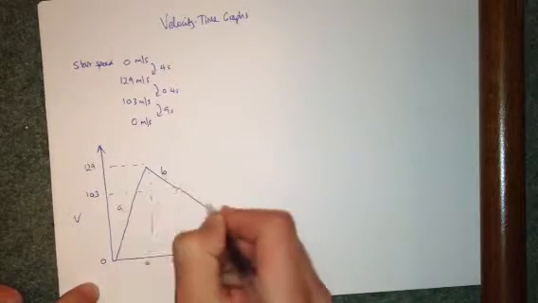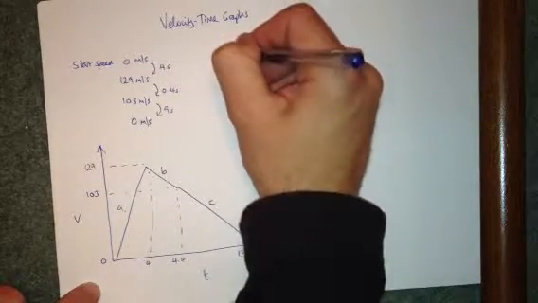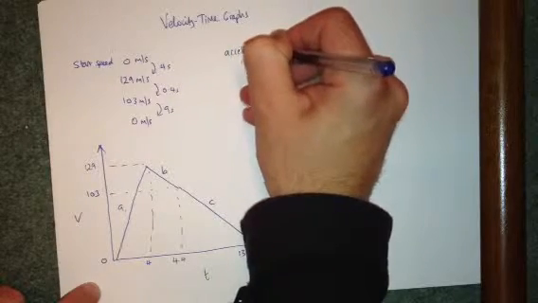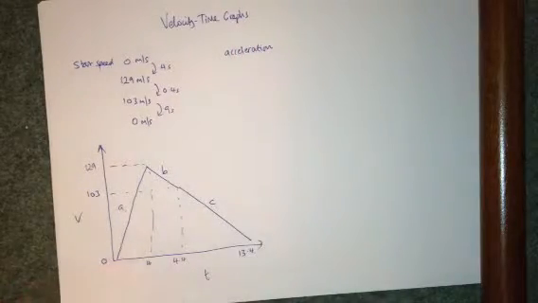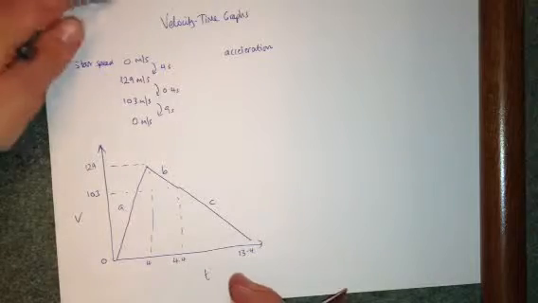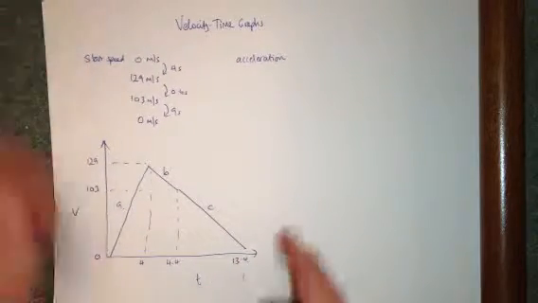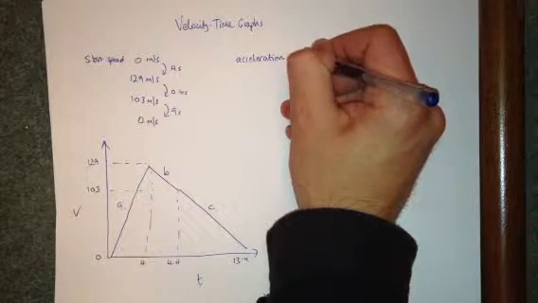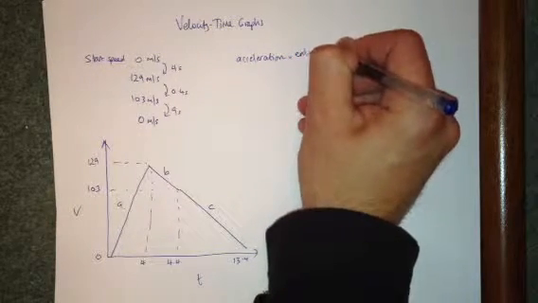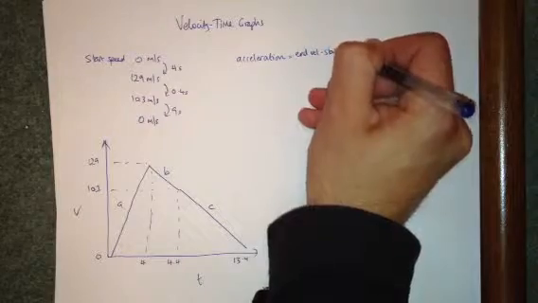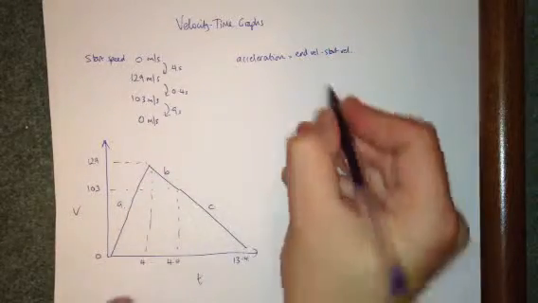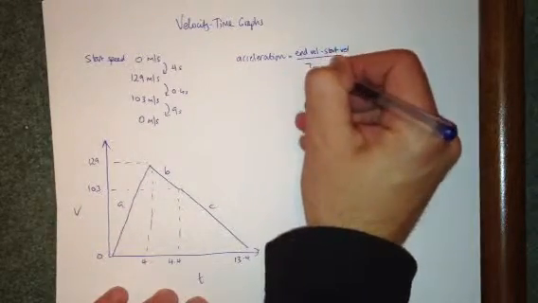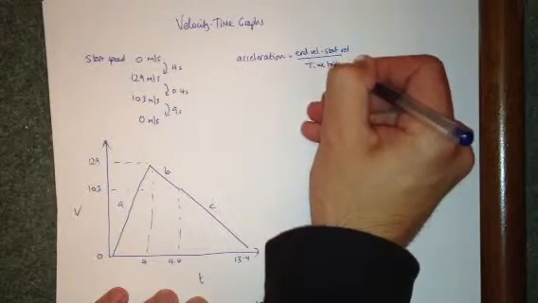So the task was, first of all, to find the acceleration or deceleration at each point. So the equation for that acceleration is change in velocity, so that's end velocity minus start velocity, and that's divided by the time taken at that point.